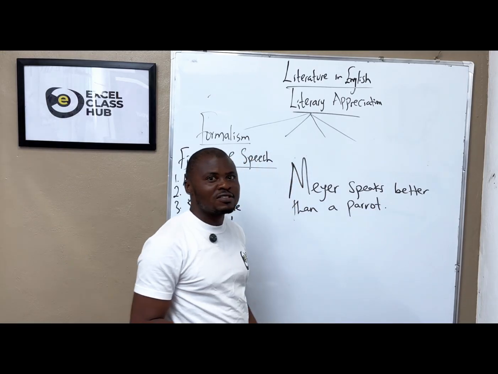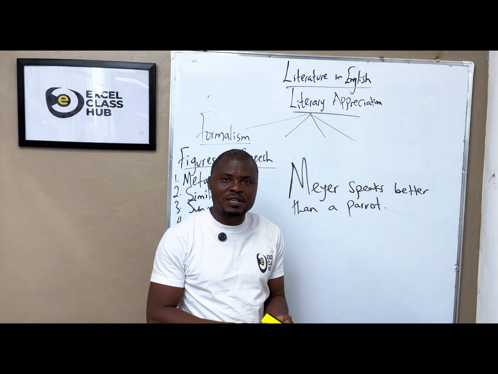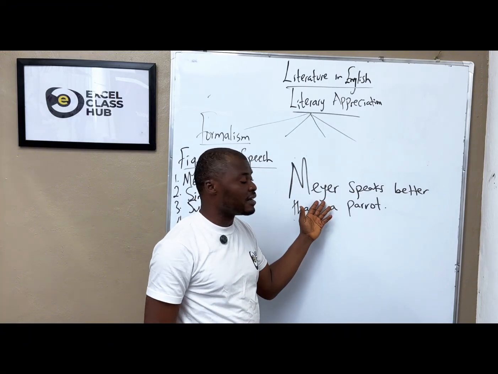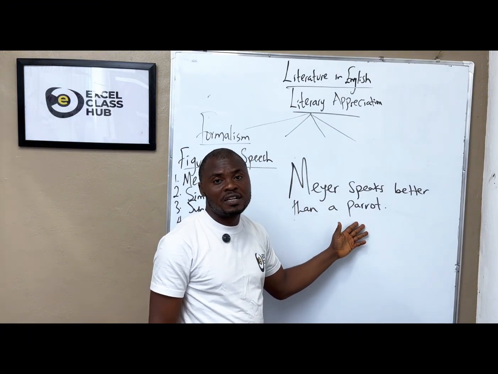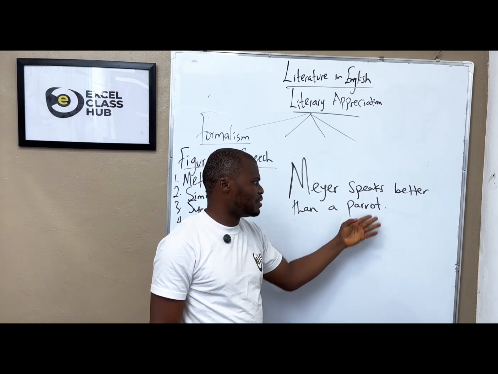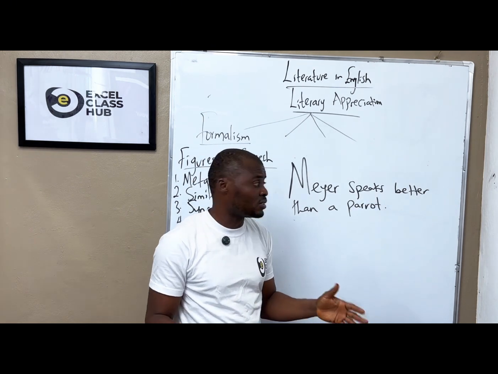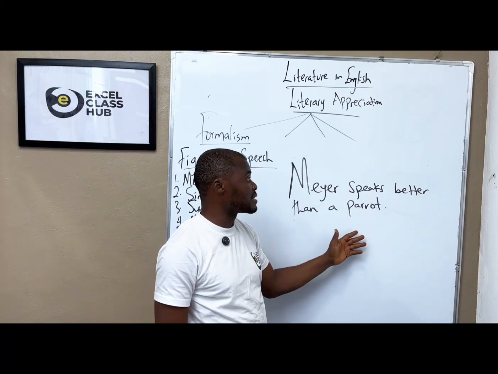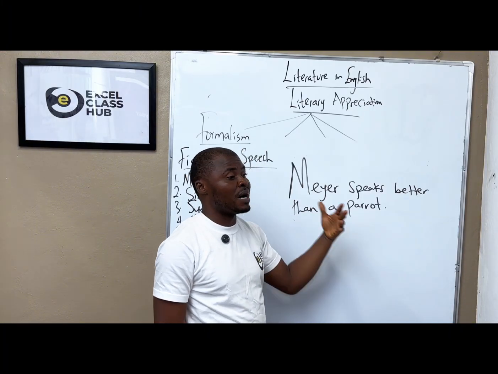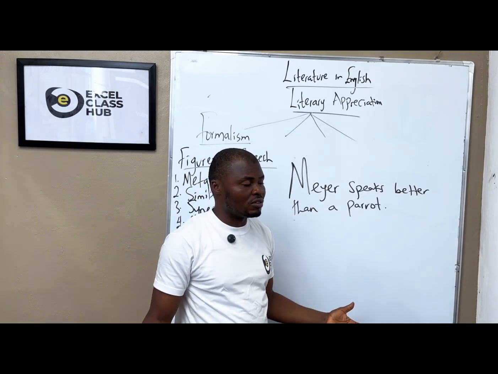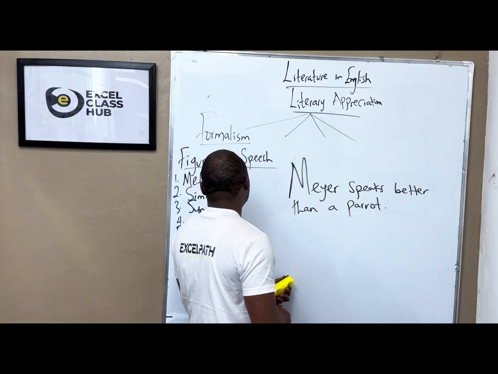You would not say this is not a simile. This is a simile because I'm still comparing Maya with a parrot. But instead of just saying better than a parrot or less than a parrot or something, why not just go straight to the point by saying Maya is a parrot? Okay, so that's one way.